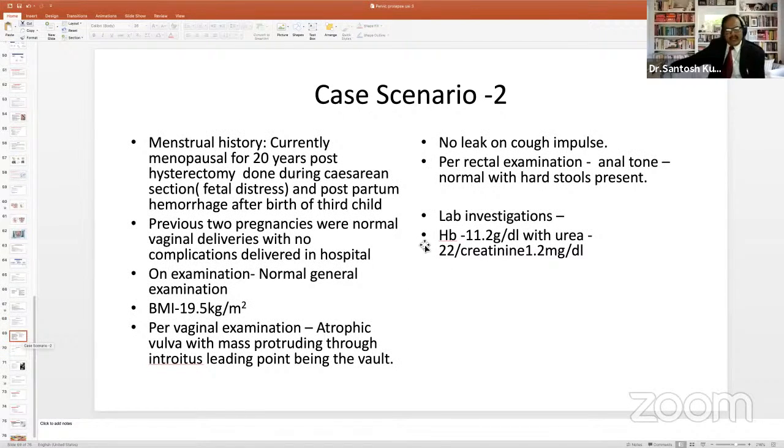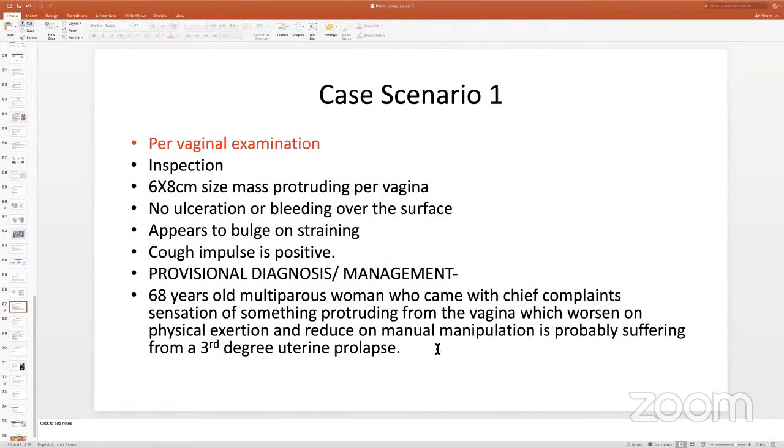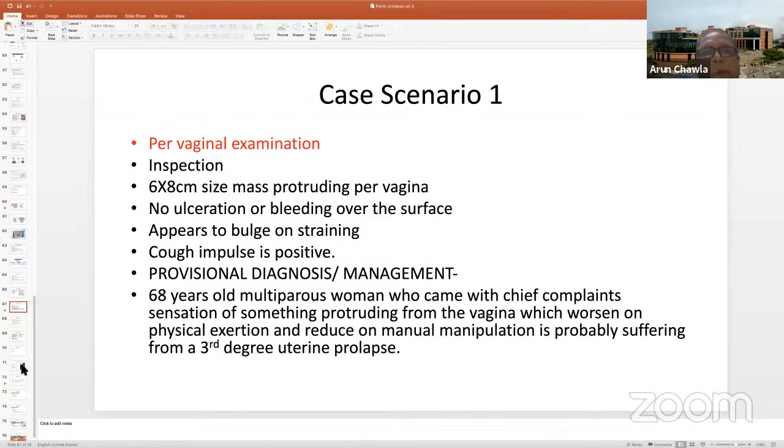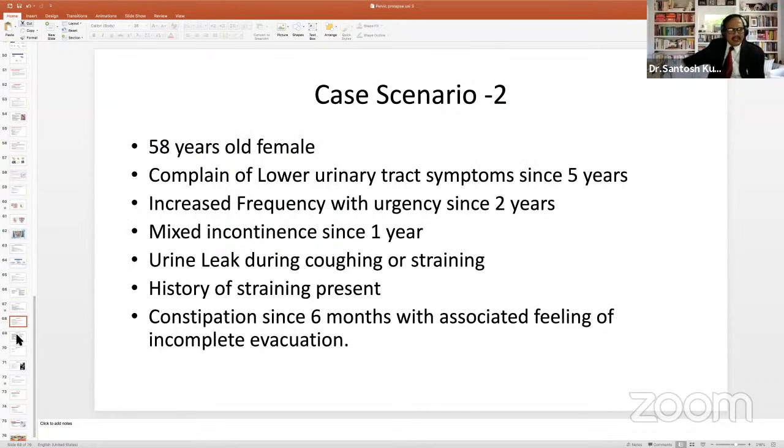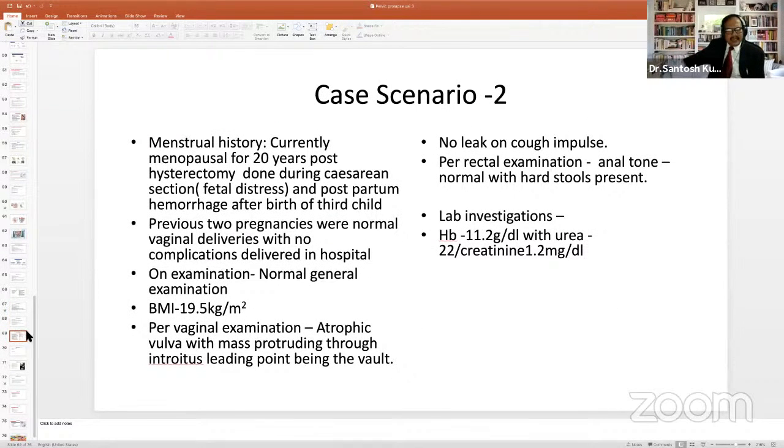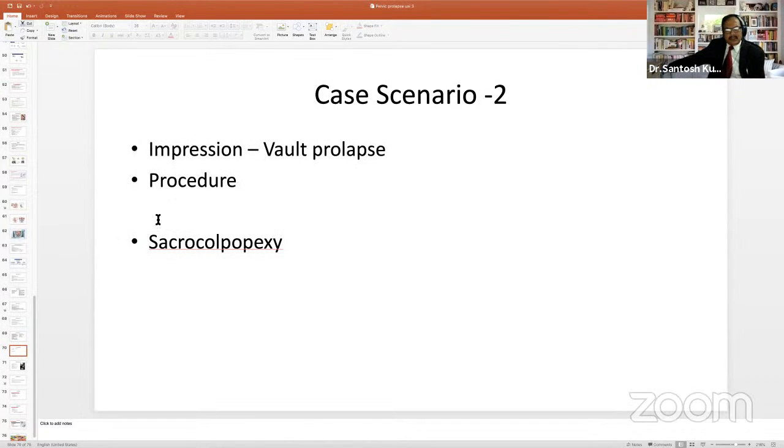Okay. So again, this is a condition of vault prolapse, associated with enterocele and cystocele. This case can again be managed with sacrocolpopexy. The whole vault is coming down, so there is a cystocele, there is an enterocele.